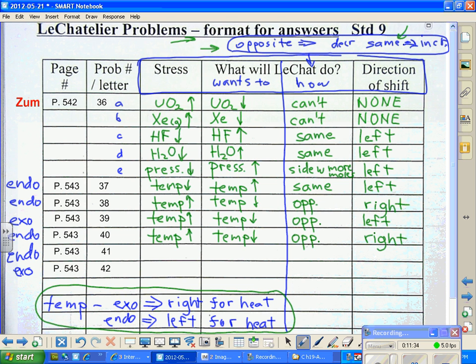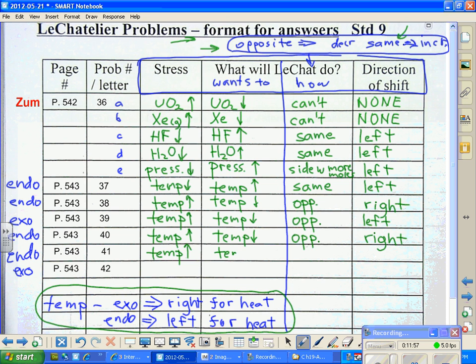So number 41, increasing temperature again, temp up. Now you'll notice I have temp up in four problems in a row, but the shifts are different each time because of where the heat is, whether it's exo or endo.